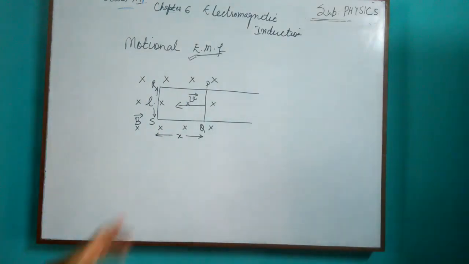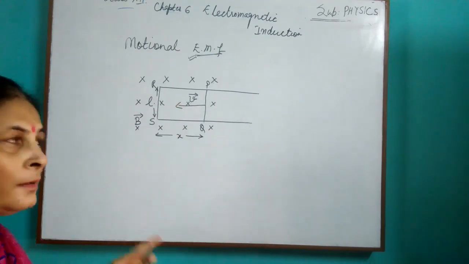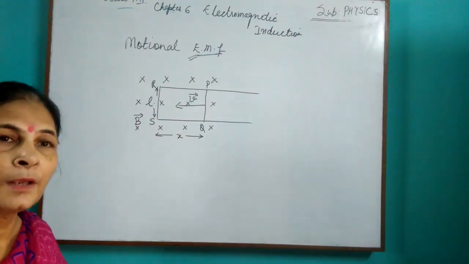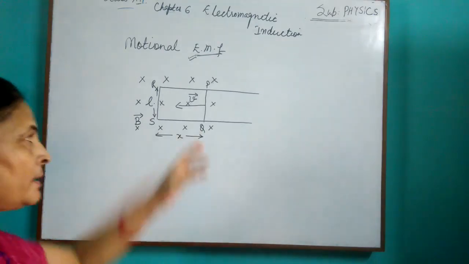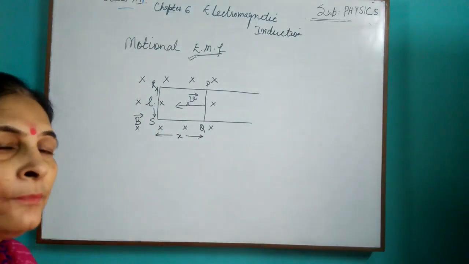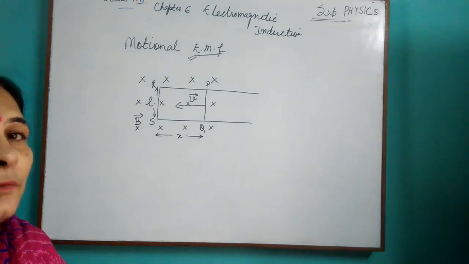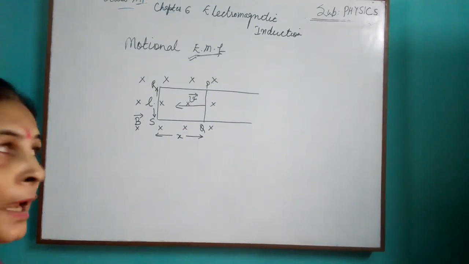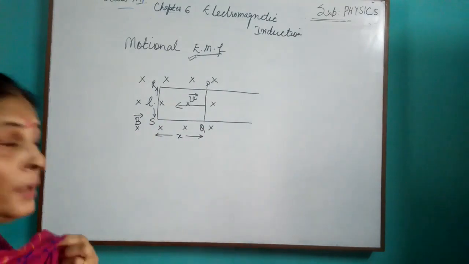If the coil were stationary, or if the coil were outside the magnetic field, there would not have been any EMF. But now, as it is moving with velocity v inside the magnetic field, there is a relative motion between the magnetic field and the coil. Now, how to find out the EMF?